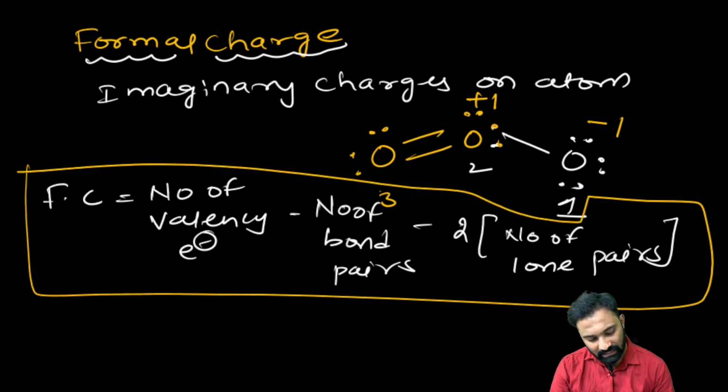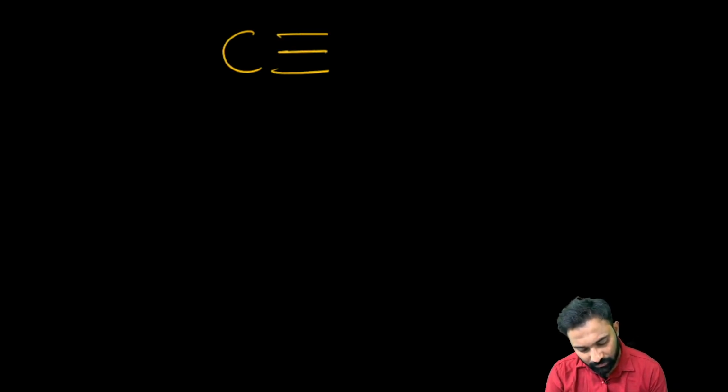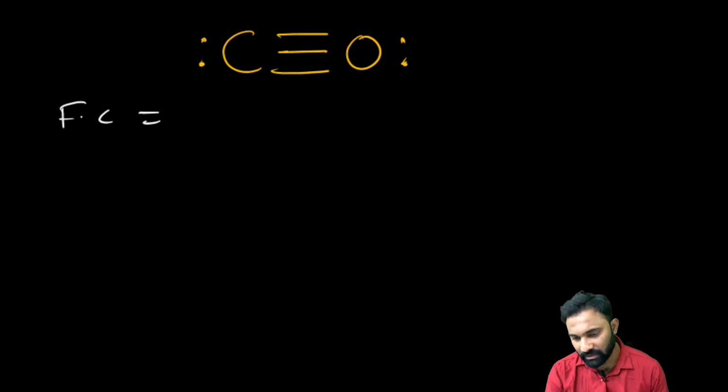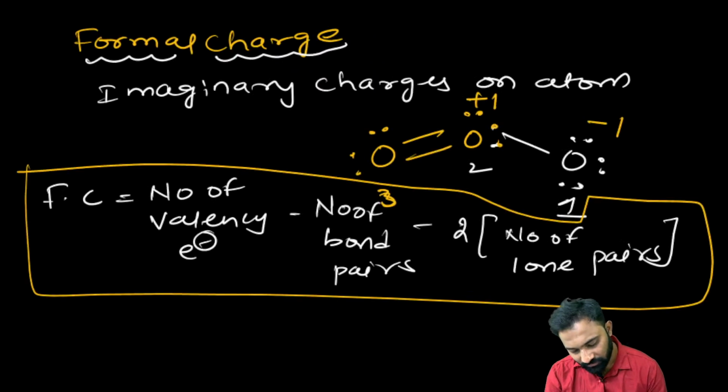Now, I will calculate the formal charge of oxygen number 3. Or, this I have explained, you know. Let's suppose they have given carbon monoxide. I want to calculate the formal charge on the carbon. First, what is the formula?